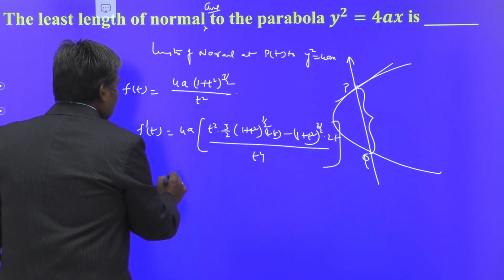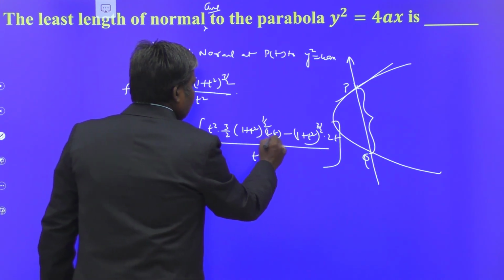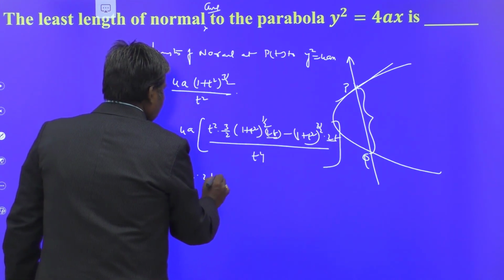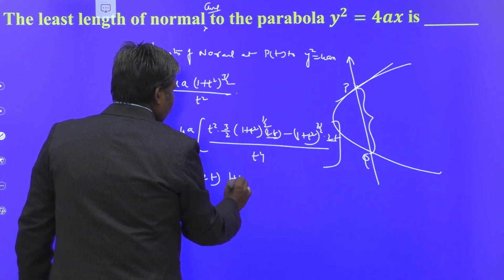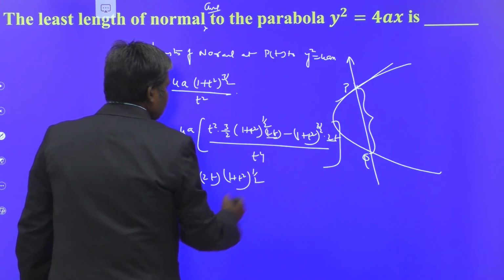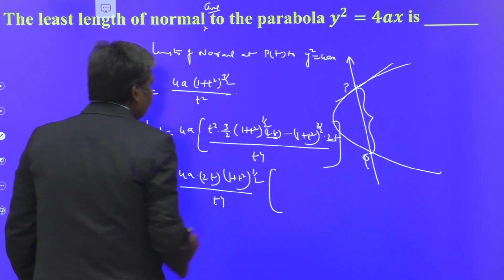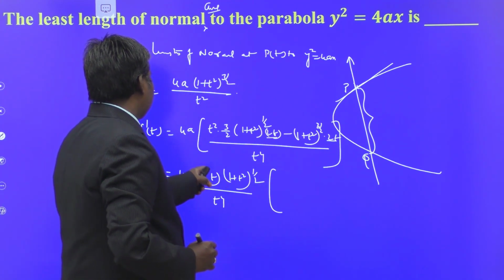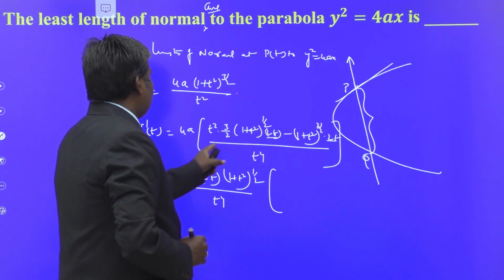So, what can you take common? 4a into, we can take 2t into 1 plus t square whole power 1 by 2 common, by t power 4, into, what is the remaining thing here? 4a is already there.